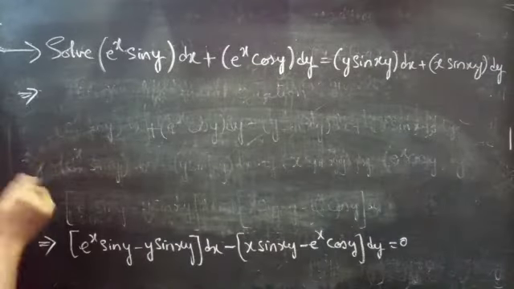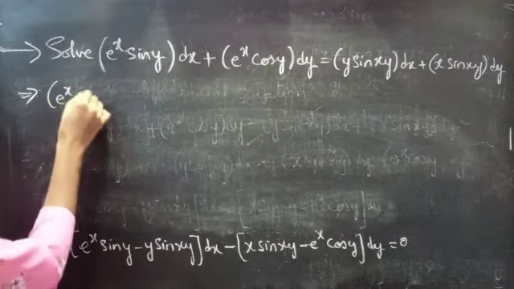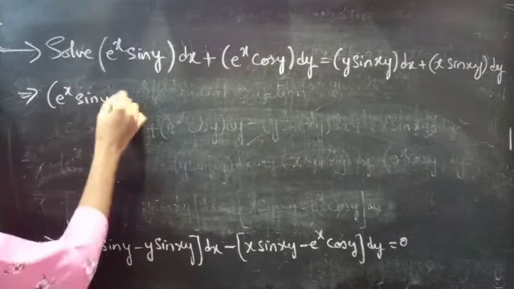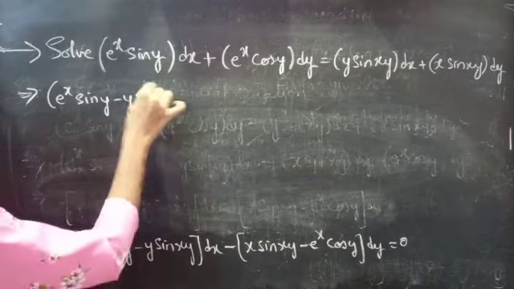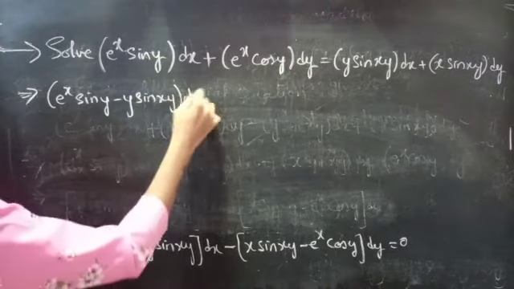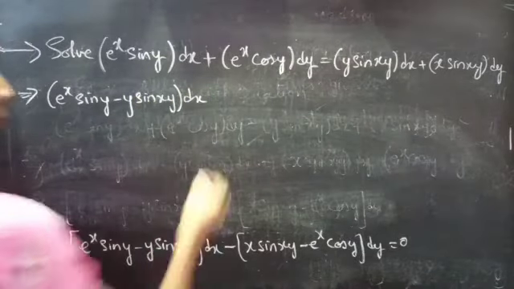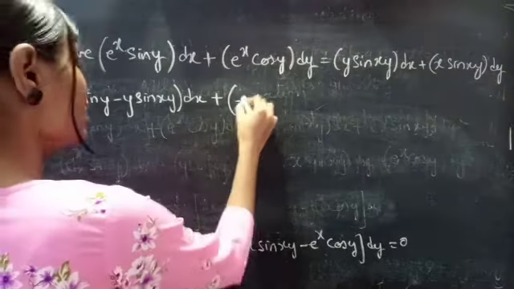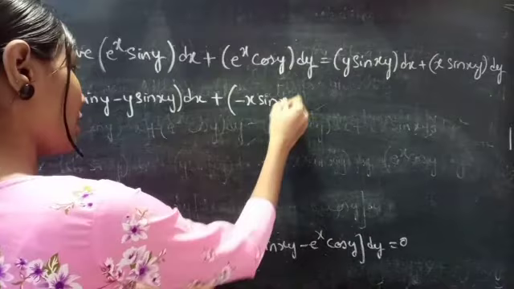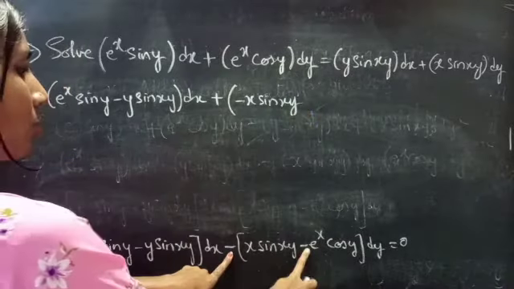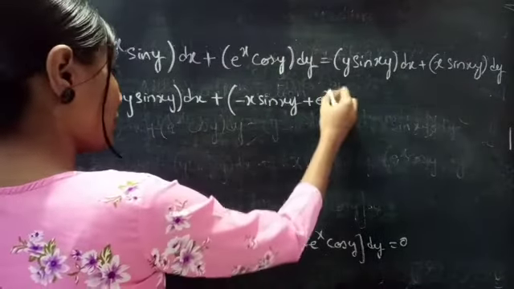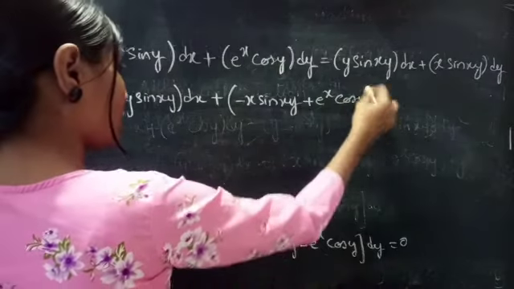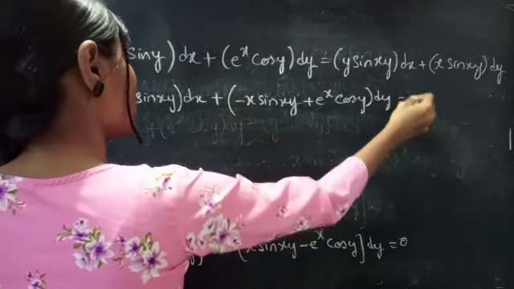Then (e^x sin y − y sin(xy)) dx + (−x sin(xy) + e^x cos y) dy = 0.